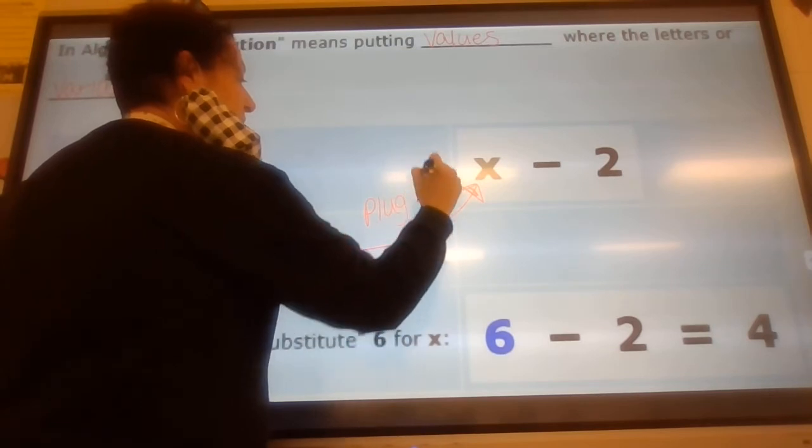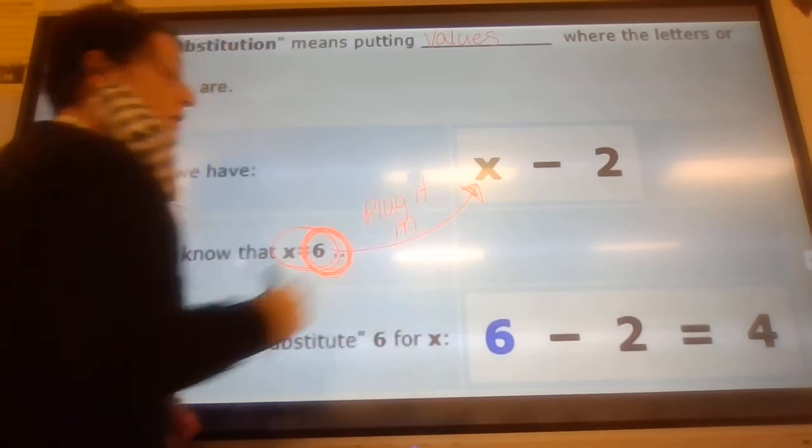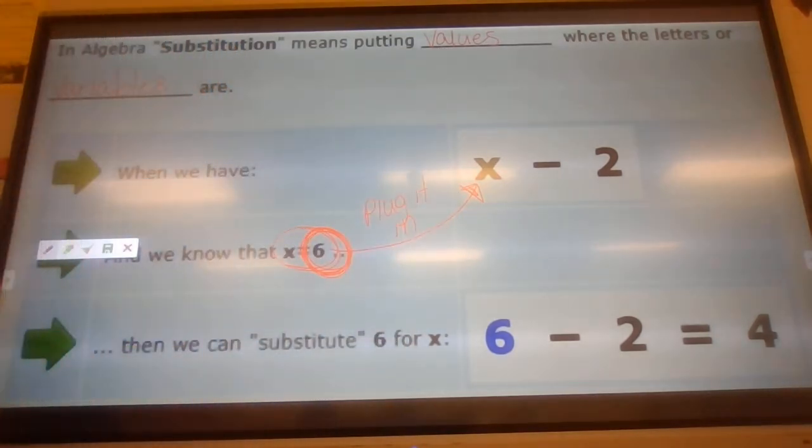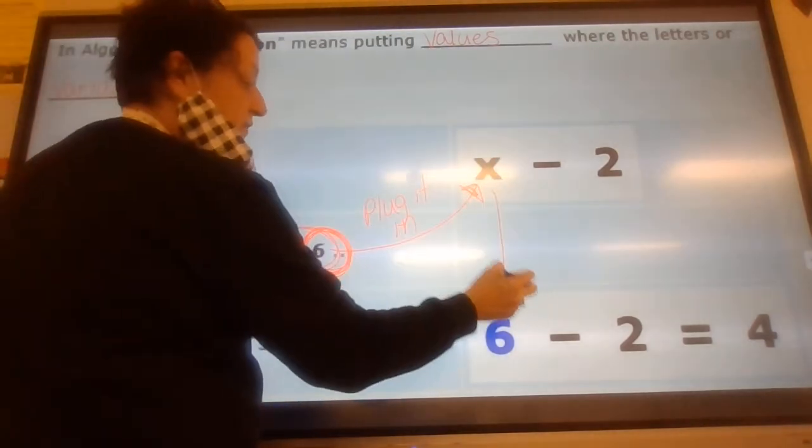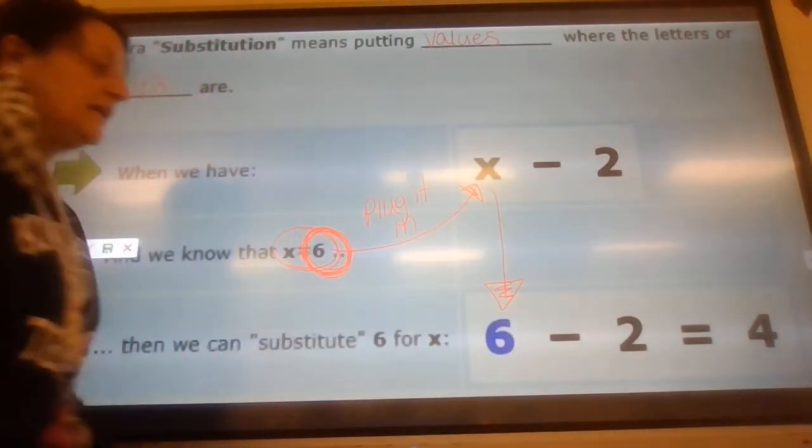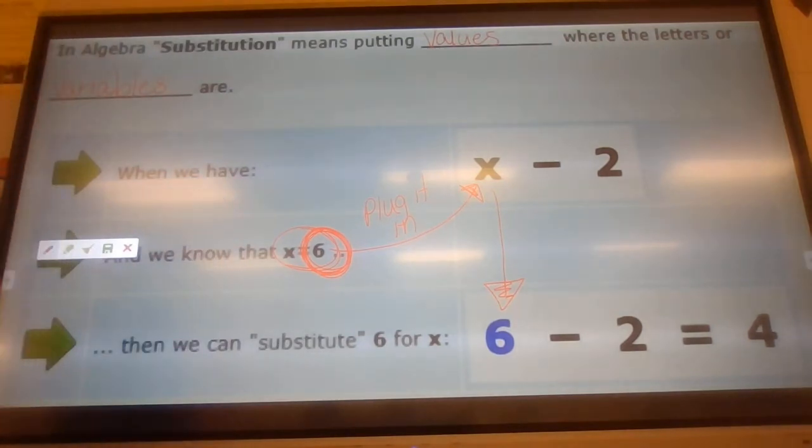Plug it in. We're going to plug it in. You're going to take that x and replace it with a 6. Okay? And when you do, this is what we get. 6 minus 2. Now we can evaluate that and get 4. Okay?